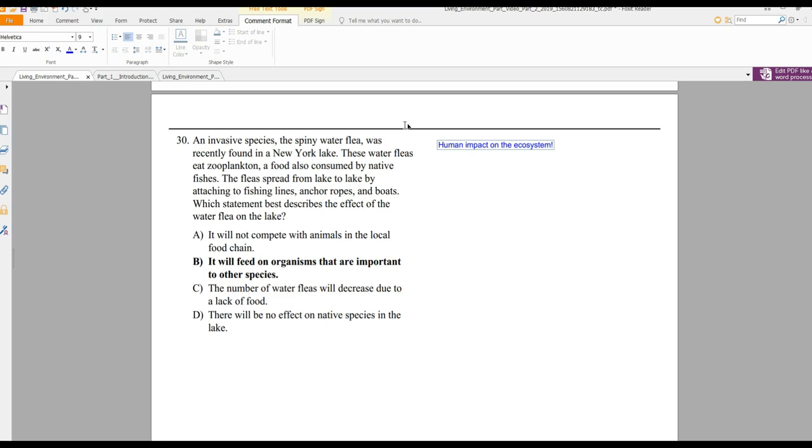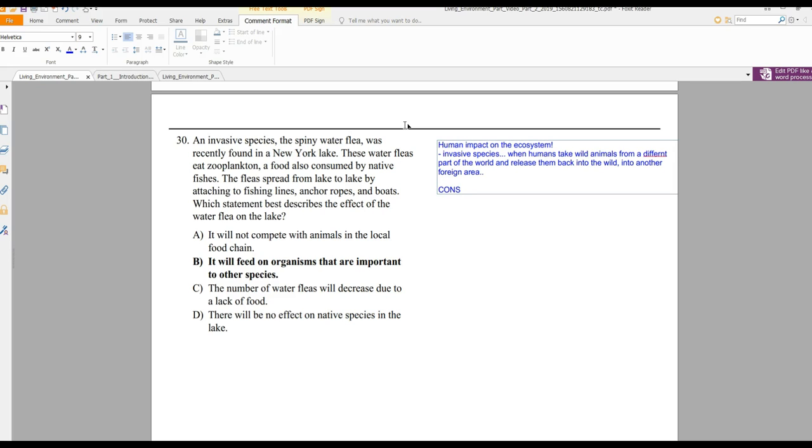So we have negatively impacted the ecosystem, our Earth, by bringing in invasive species. This is when humans take wild animals from a different part of the world and release them back into the wild, because they probably couldn't handle the animal anymore and didn't want the animal anymore, into another foreign area. How does this affect?